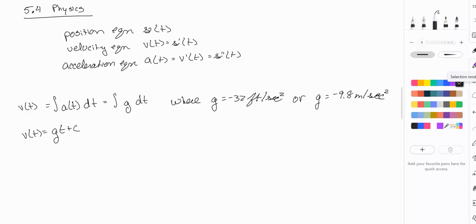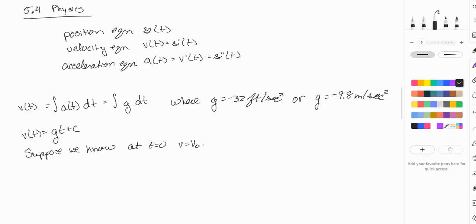Now, we usually know something. We usually know at the beginning of our experiment what the initial velocity is. So suppose we know that. So at time 0, the velocity is some initial velocity.